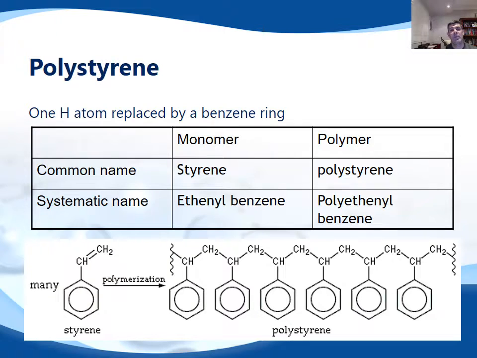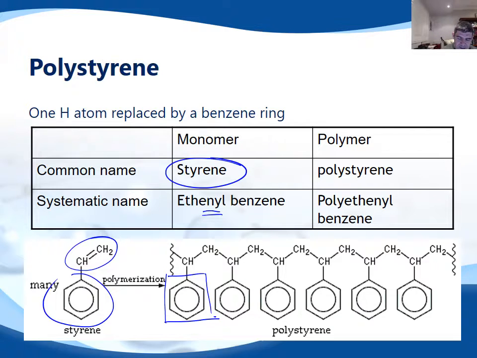The fourth one we want to look at is polystyrene. Now, polystyrene comes from the monomer styrene, which is ethenyl benzene. In this case, we talk about the benzene as being the main structure, even though we've confined ourselves very much to derivatives of ethene. You can still see here's the original ethene, hence the ethenyl, but it's attached to this benzene ring, which is what gives us the styrene.